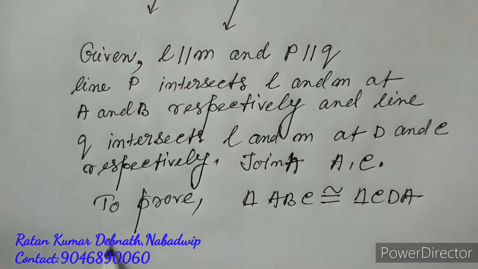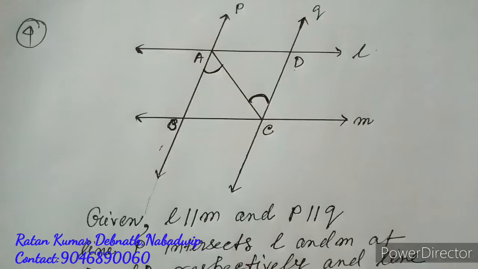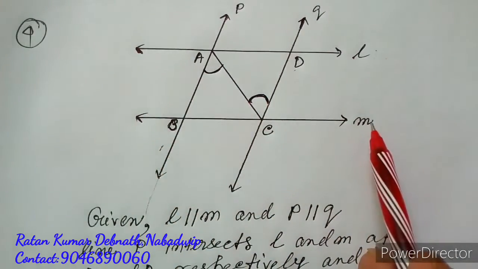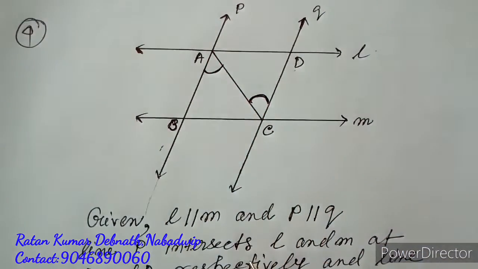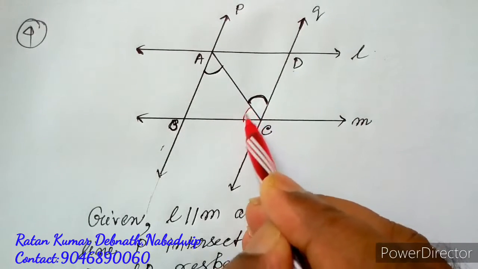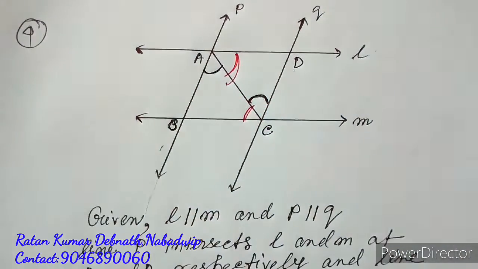Proof. Look, line L parallel to line M and AC is a transversal. So we definitely can say this angle equal to this angle.